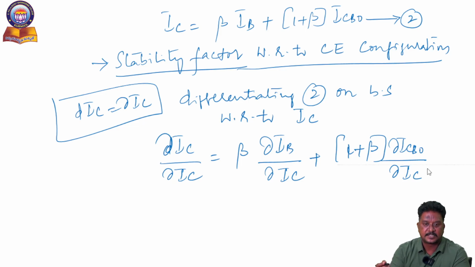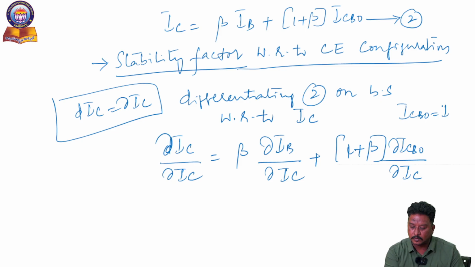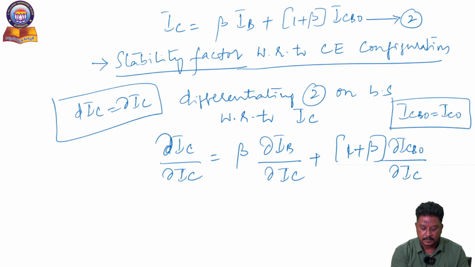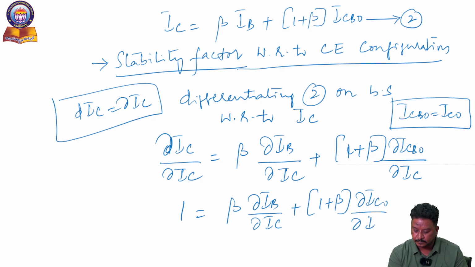In the previous discussion also, I came across that ICBO is equal to ICO. So this value is equal to 1, beta into change of base current with respect to change of collector current, plus 1 plus beta. This I am considering as ∂ICO by ∂IC.